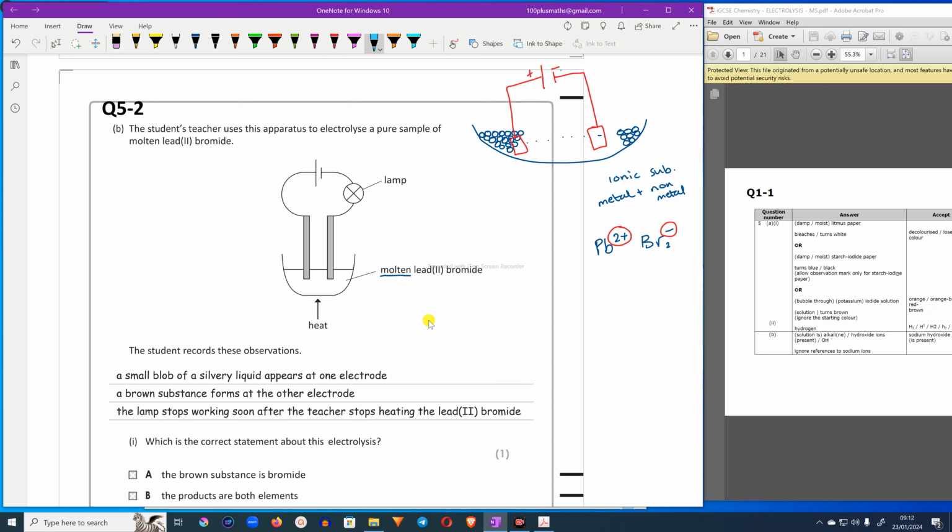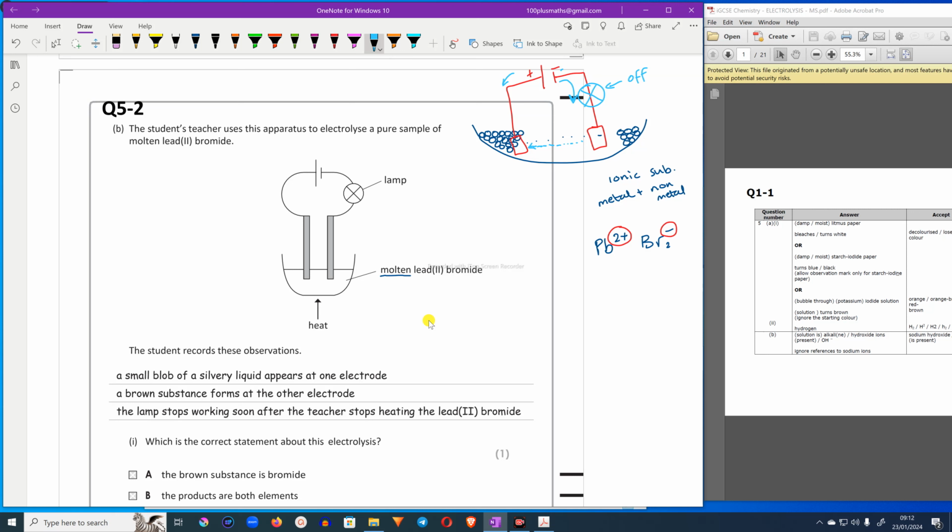Electrons are going to flow, that's your lamp. Really, they'll flow this way, that's the actual flow. Conventional flow was that way. They come here, and there's nothing to carry the charge across, so it will stop. The lamp will be off, it won't be lit up.